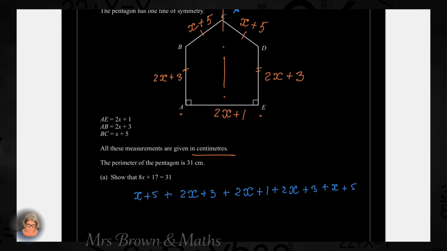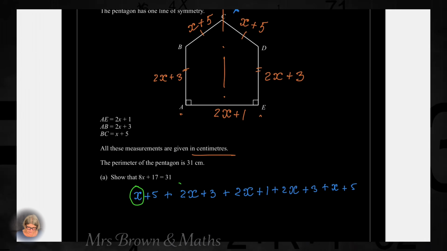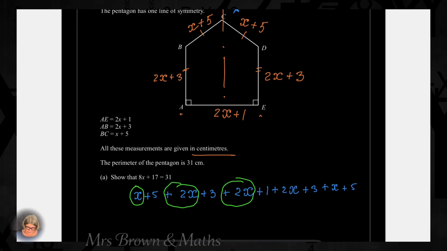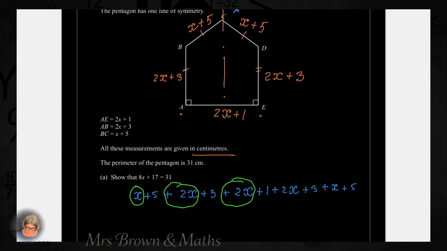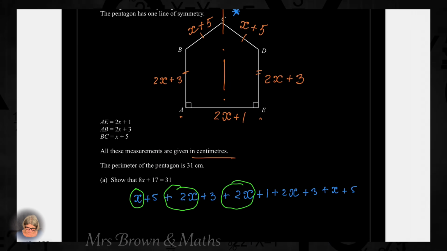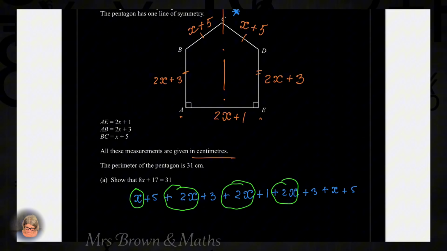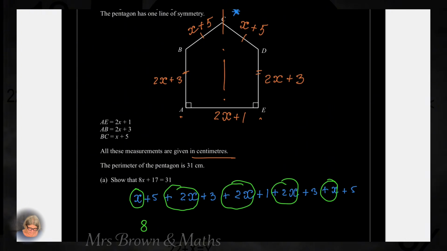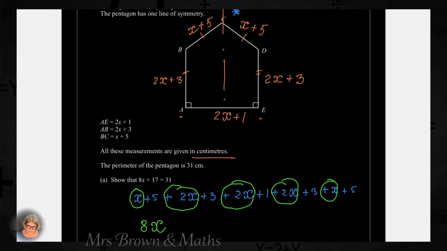And now I'm going to simplify, collecting like terms. So let's count x's. X plus 2x is 3x plus 2x, 5x plus 2x, 7x plus x, 8x. Right, now numbers.